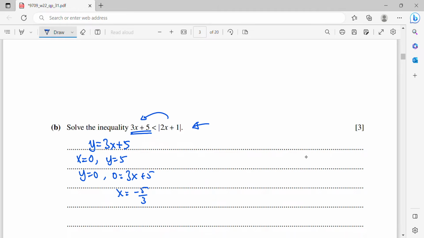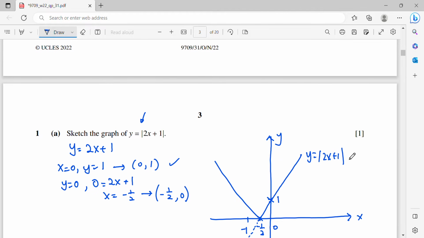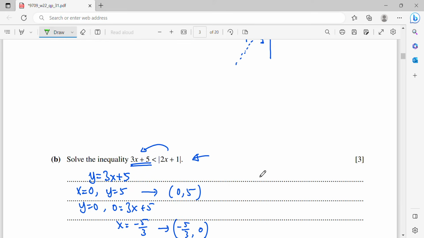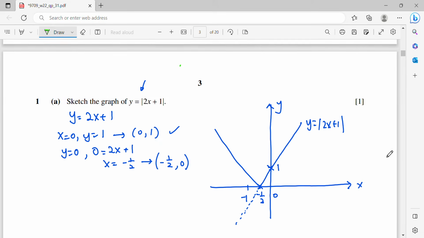So here I get 2 points, (0, 5) and (minus 5 over 3, 0). Now I will add these 2 points on the graph in part A using green color. My first point is (0, 5), so let's say here is 5, just as an example.